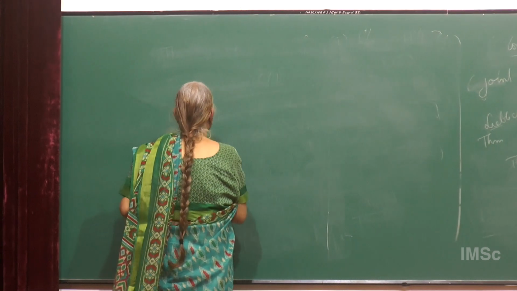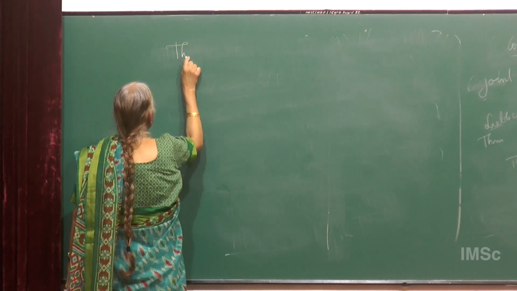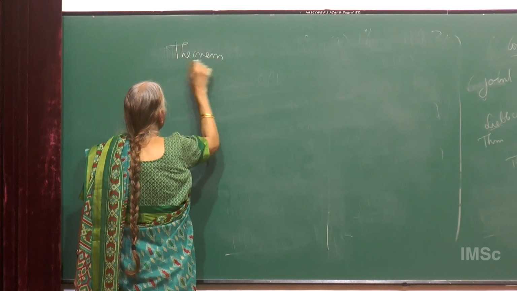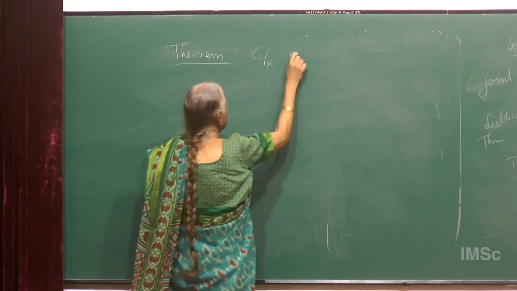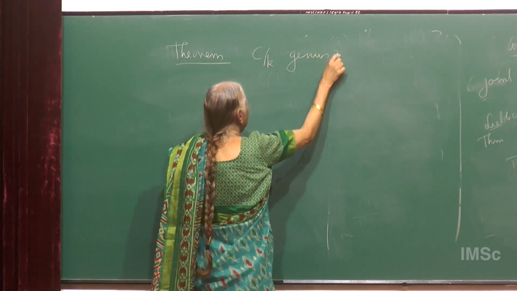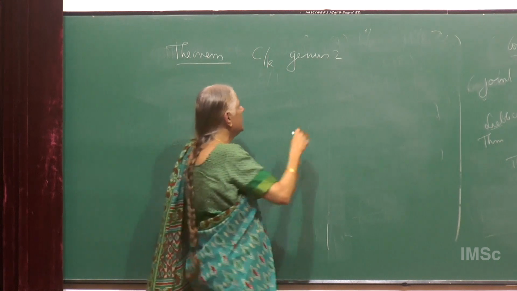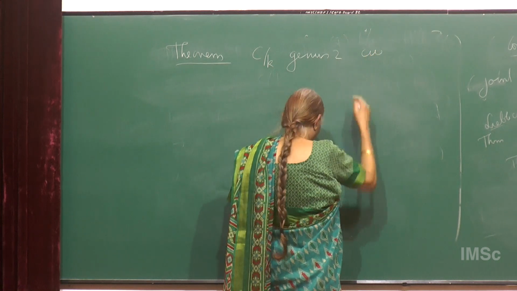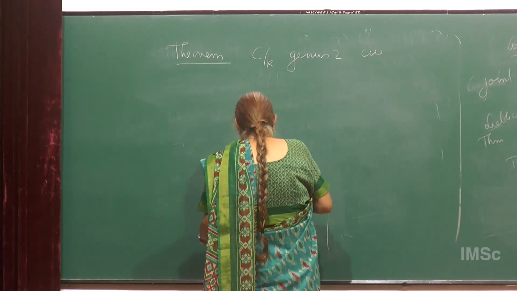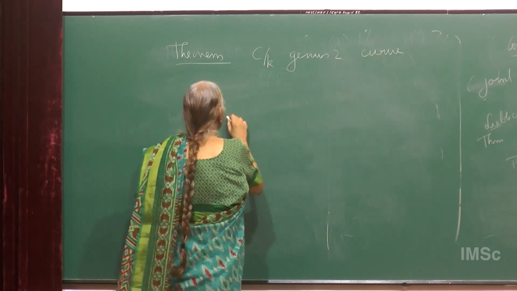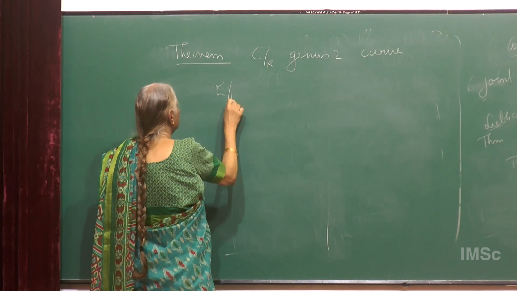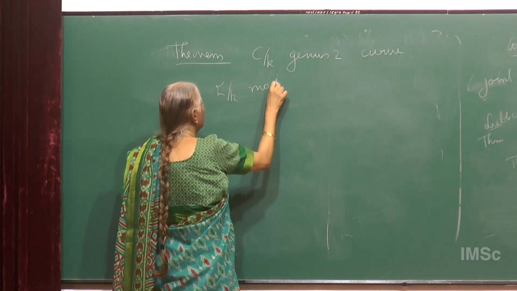So we have a theorem. K is as usual totally imaginary. Let C be a genus 2 curve over K, and let X be any regular proper model.